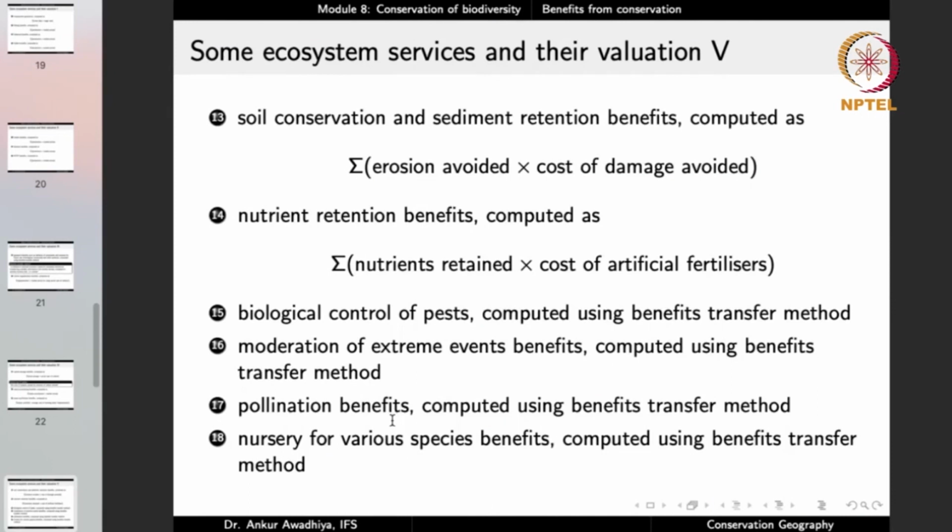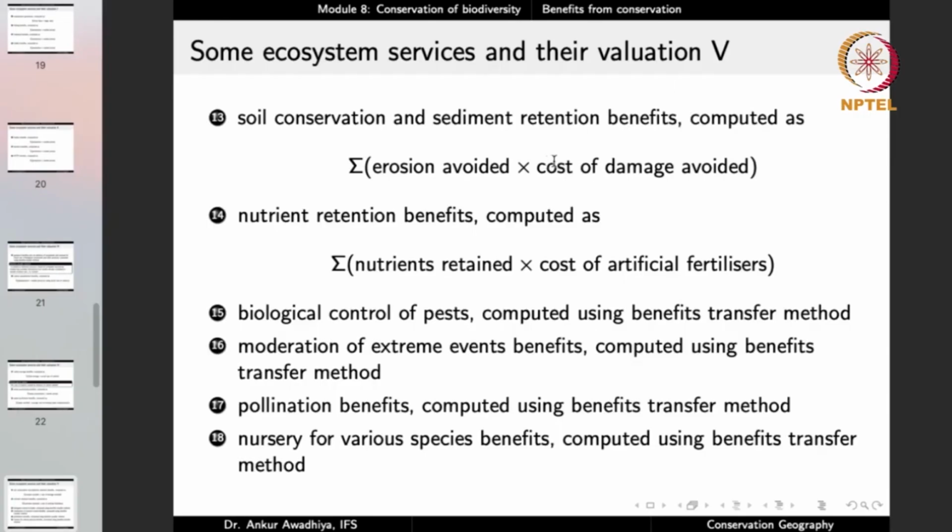We can look at the soil conservation and sediment retention benefits. Because the forests prevent soil erosion, they conserve soil and they retain the sediments. So in this case, we can compute it as the sum of the amount of erosion that is avoided because of the presence of forest multiplied by the cost of damage that is being avoided.